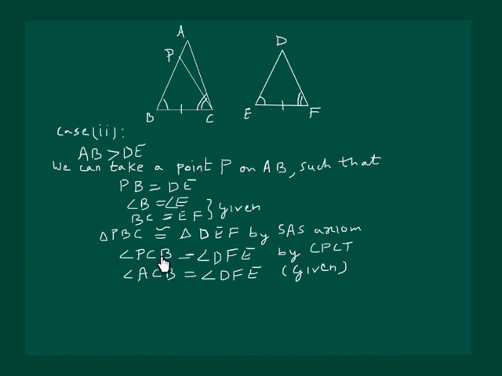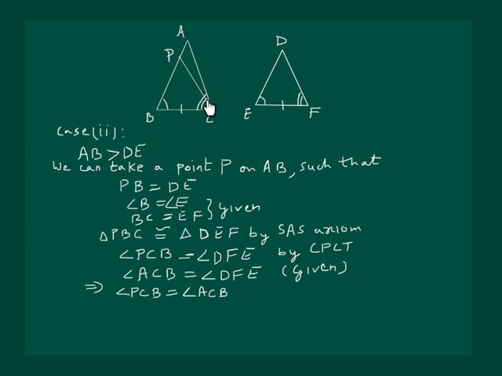So from the two equations, we can say that angle PCB should be equal to angle ACB. But this statement is not possible geometrically.